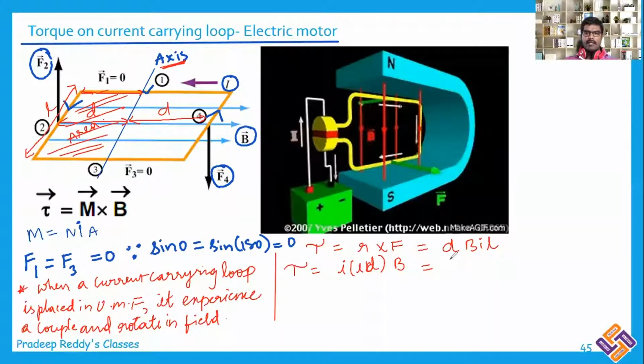So I can simply write I into A into B. Right? What is IA? IA is the magnetic moment. So this can be written as torque tau, which is equal to IA, that is M, cross B. Right? This is M cross B.